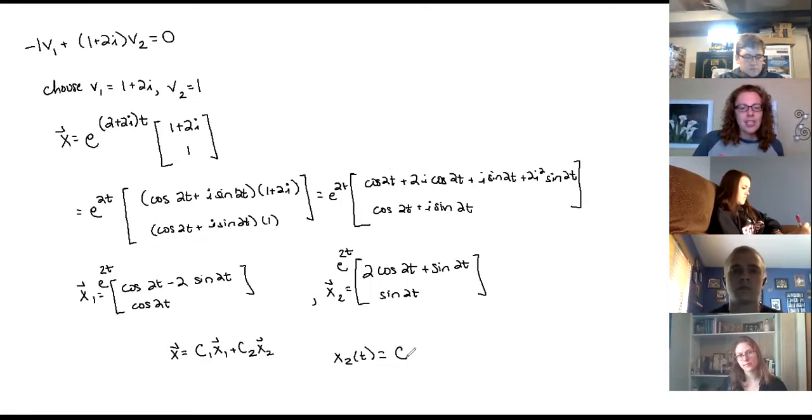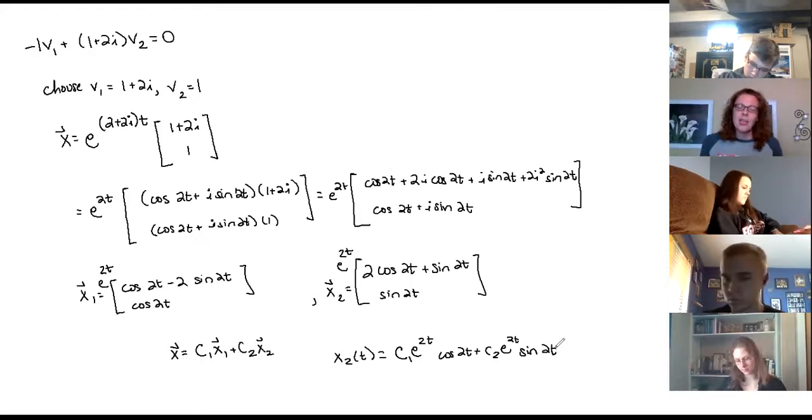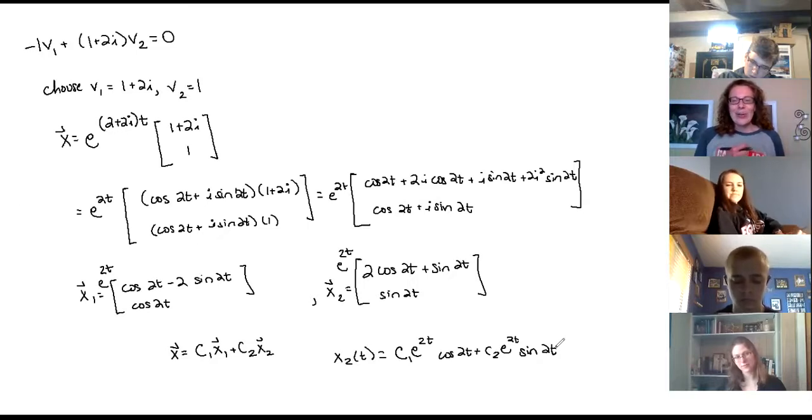So little x2 of t is c1 e to the 2t cosine 2t plus c2 e to the 2t sine of 2t. Do we see where that's coming from on the second row of that vector? And then if you wanted to, you could rewrite little x1 also. It's just going to have 4 pieces and I'm running out of space and I don't have a whole chalkboard, so I won't bother to write it. Although by the time I'm done talking, I probably could have. So, okay.